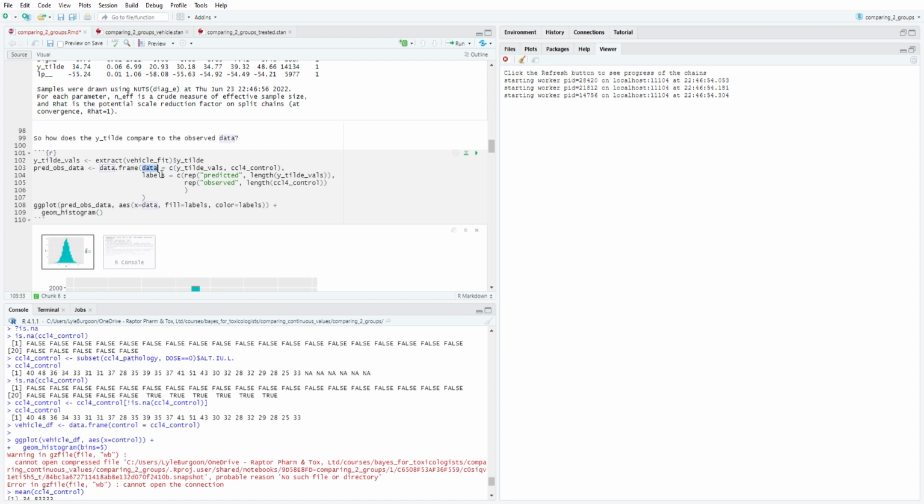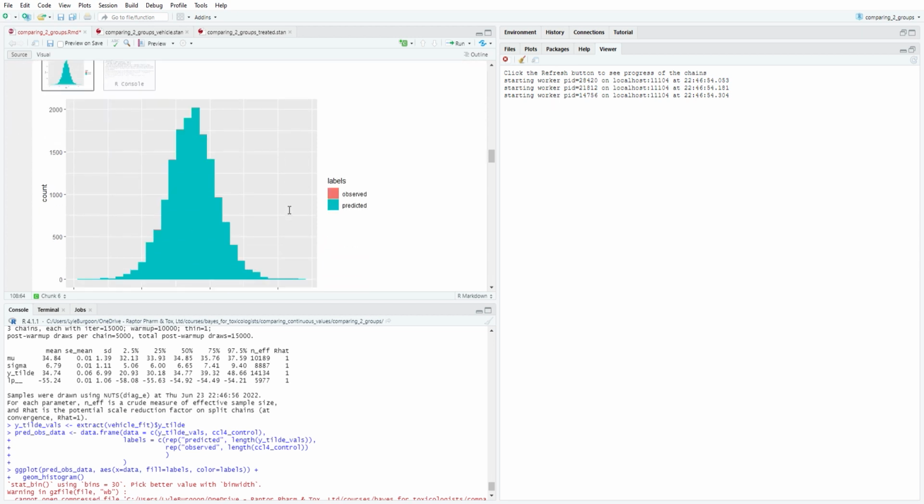And so I'm creating a column called data, which has my y tilde values and CCL4 controls, and then a labels column as well. And then it's going to label all of the y tilde values as predicted and label all the observed values from CCL4 control as observed. And there you go. ggplot again, we're doing histograms. Nothing really cool here. I mean, fill's gonna be labels and color's gonna be labels. You've seen that before. So let's run all that.